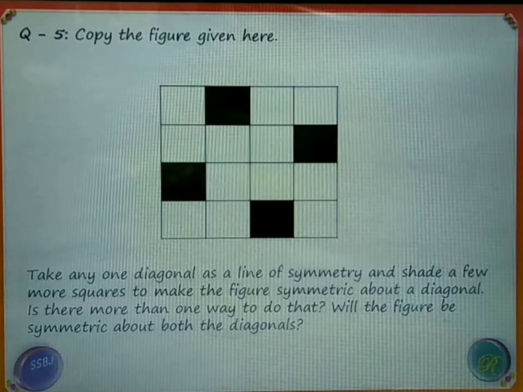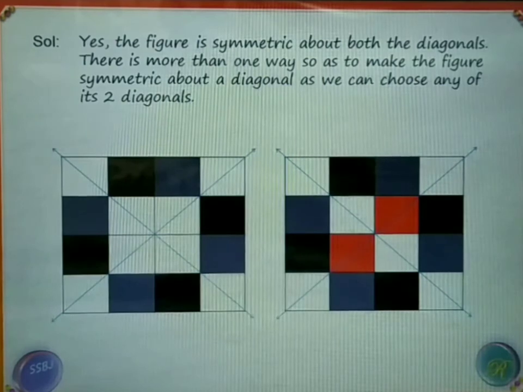Will the figure be symmetric about both the diagonals? Solution. Yes, the figure is symmetric about both the diagonals. There is more than one way to make the figure symmetric about a diagonal, as we can choose any one of its 2 diagonals, which we can find in the figure.